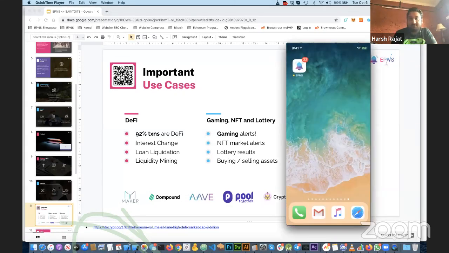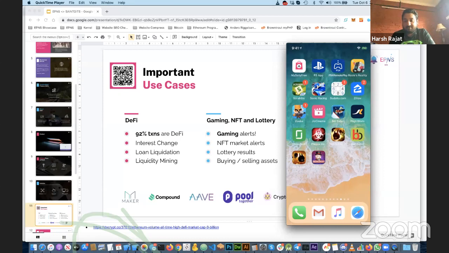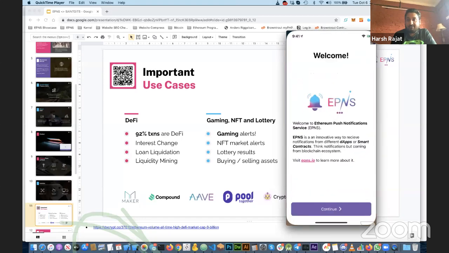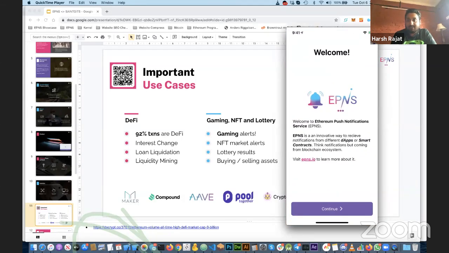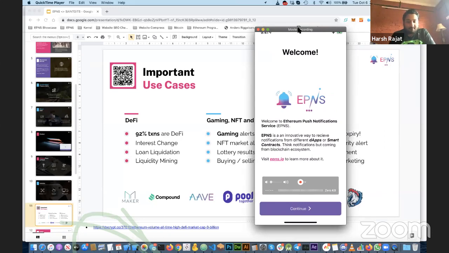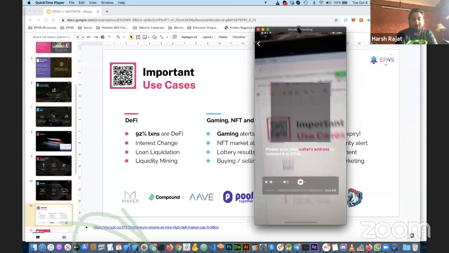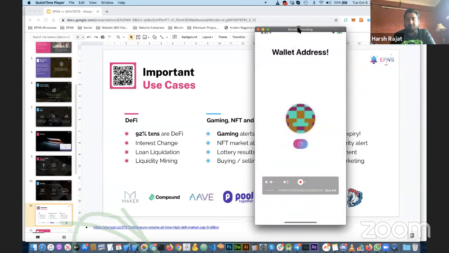So yeah, just to give you a brief overview of how it works. I've just mirrored my phone over here. Again, as I said, this is built on top of our protocol. Any other mobile app, DApp, or smart contract can build on it as well. Users use their wallet address.